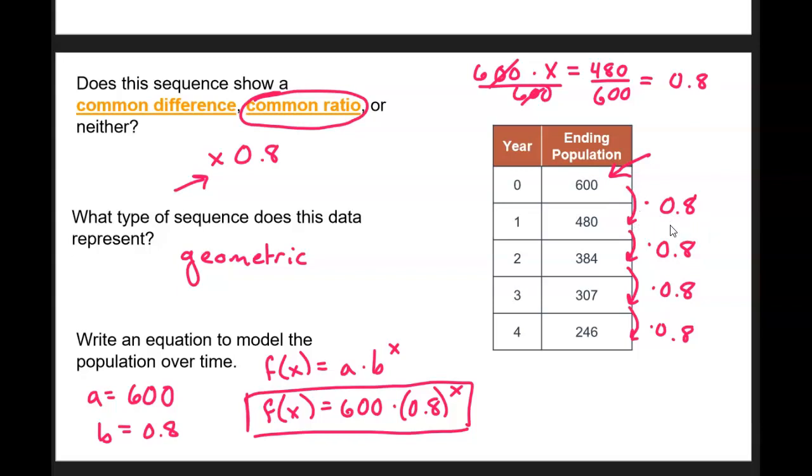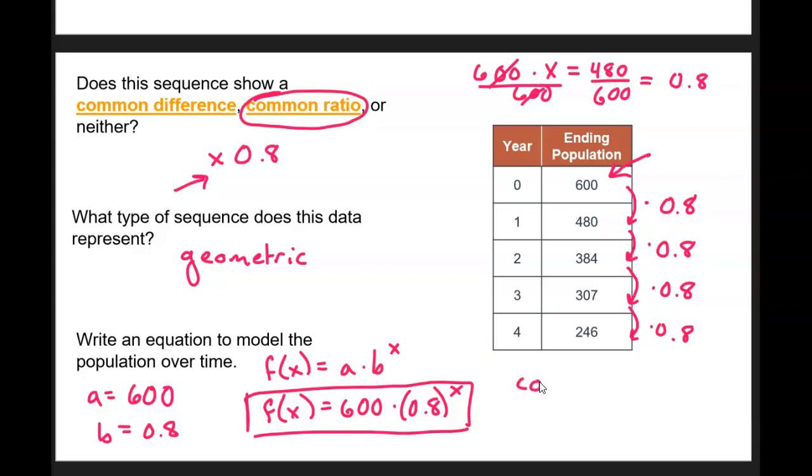There's something else going on here. What's different about this number than the ones we've looked at before? You may have noticed this one has a decimal. So a number less than 1, if that is our common ratio, that's what's going to make it go down.